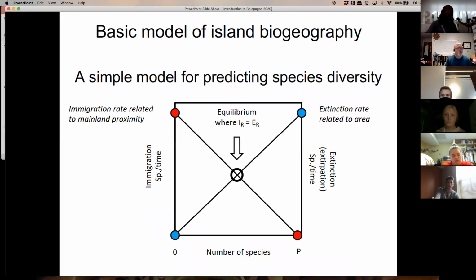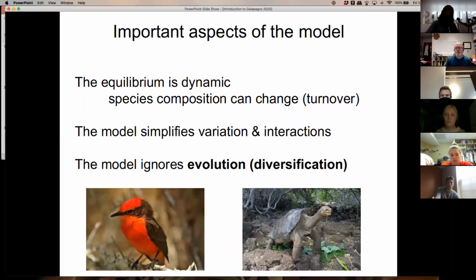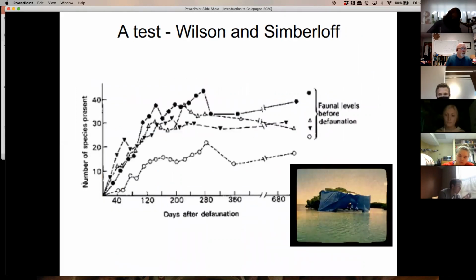Yep, exactly. In the original paragraph that I had at the beginning of this little section, evolution is explicitly included in that. But MacArthur and Wilson's original model didn't include evolution as one of the factors involved in setting the equilibrium number of species on an island.